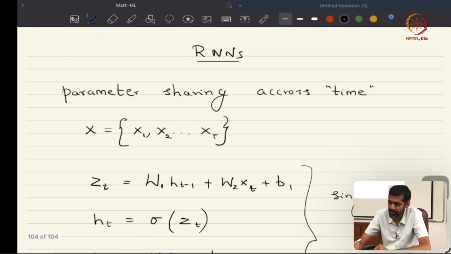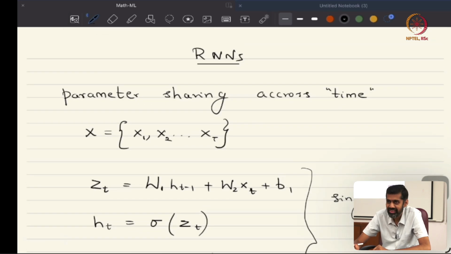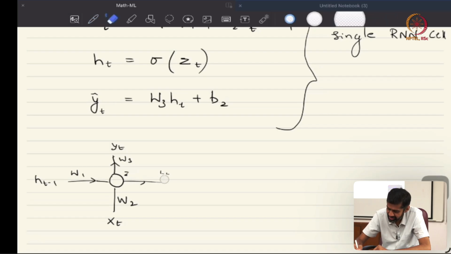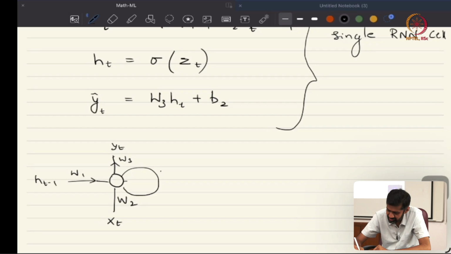I talked about parameter sharing across time. What does that mean? Some people write it this way. Have you seen this sort of diagram? This is called a rolled RNN, right? So you have to unroll it.